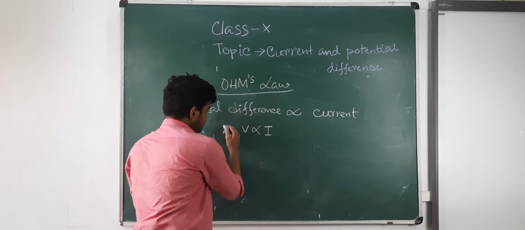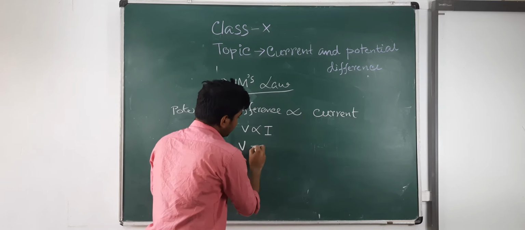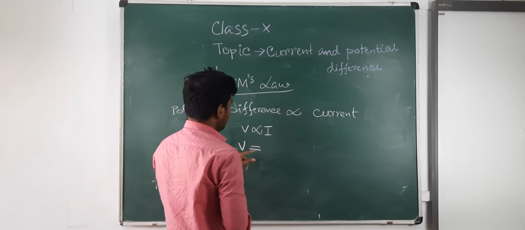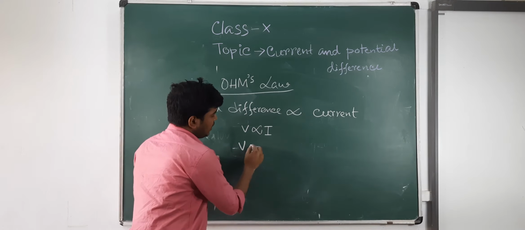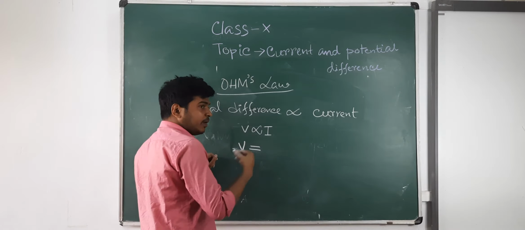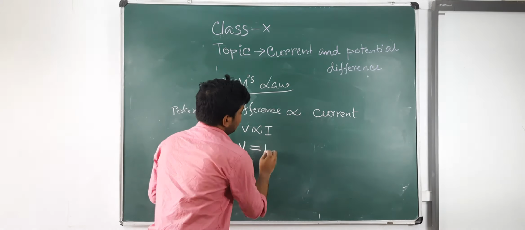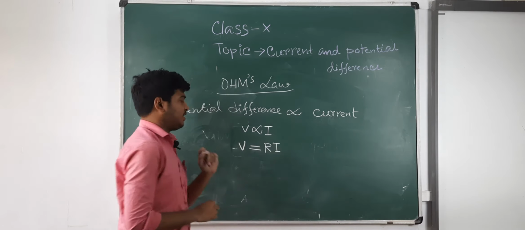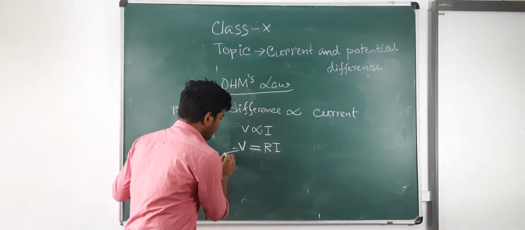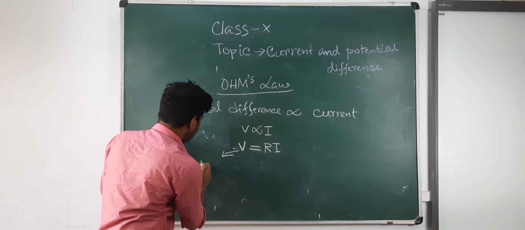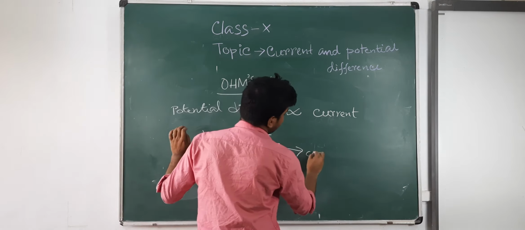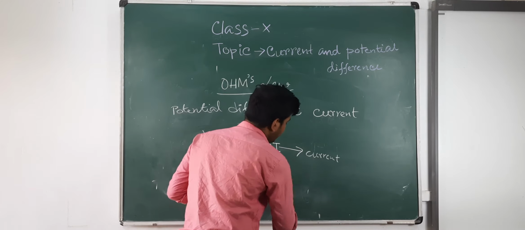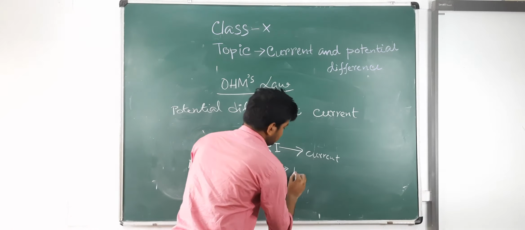Now if we want the relation, replacing this proportional sign with an equal sign, we have to multiply by a constant. This is the constant R, V for potential difference, I for current, and R is the resistance.